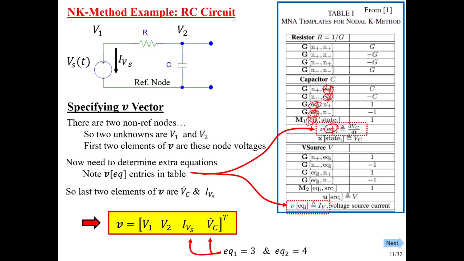So now we can see where these values are going to go into the G matrix, or at least one side of the row and column definition of things that go into the G matrix, things that go into the M1 matrix, things that go into the V vector, right? This was 4, that goes in here. So that's how this works. So now we've got our V vector specified. Good, let's move on.